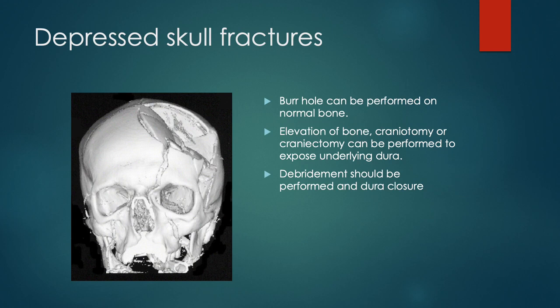So the basic thing is that we want to make sure that we can expose the dura, because if you don't expose the dura and this patient has a CSF leak, they might actually end up with intracranial sepsis if the dura is not closed well. So what we would do is remove all these bone fragments, and then of course there are some fragments that may be within the brain, so you may need to remove them slowly, okay?